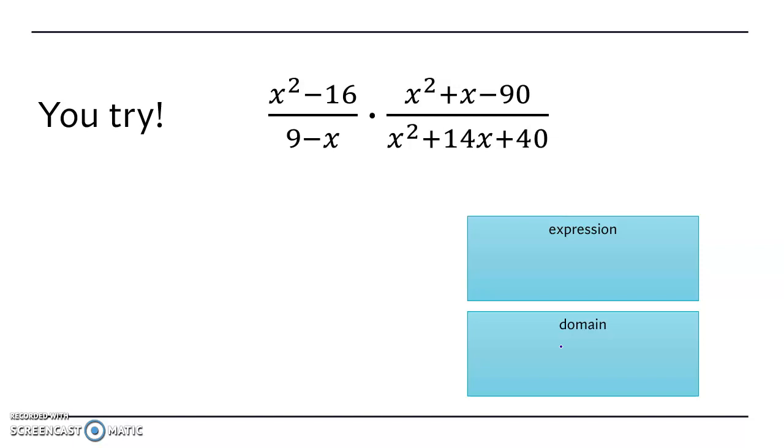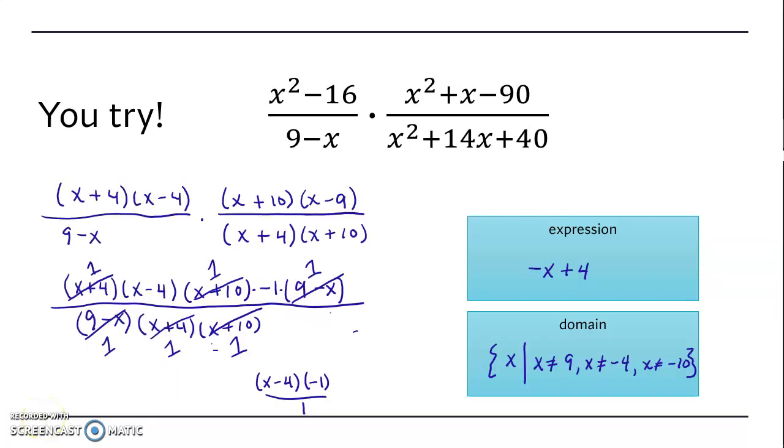All right, this is the last one for you to try, and then unpause the video when you're done and check your answer. All right, so noticing that almost everything canceled out, I was left with just a 1 in the denominator. That's why I've been really stressing that these divide to make 1 so that you know that you have a 1 in the denominator.